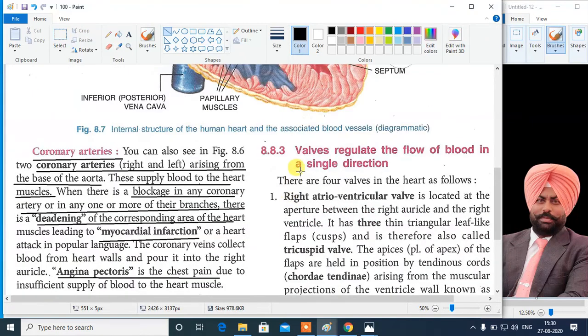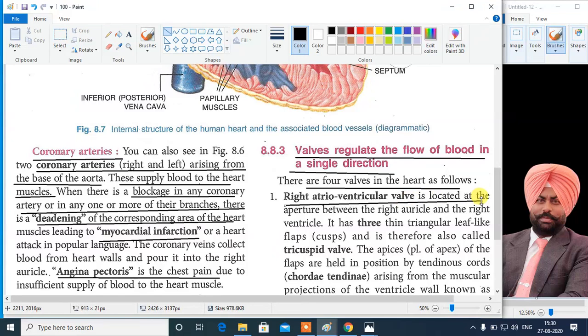Moving on further, let's study the different valves which regulate the flow of blood in a single direction in the heart. There are four valves in our heart. The first is the right atrioventricular valve.